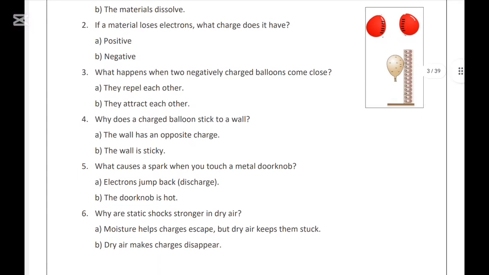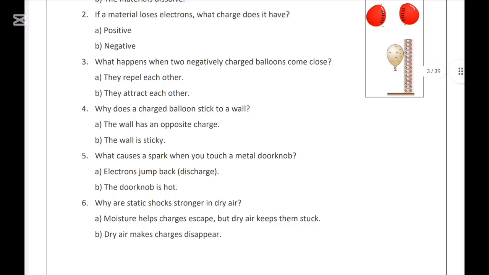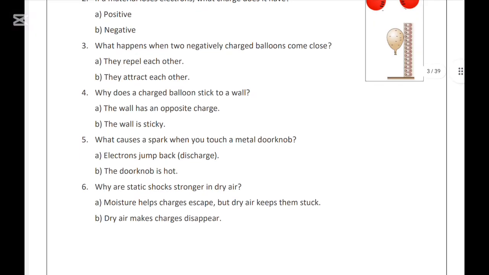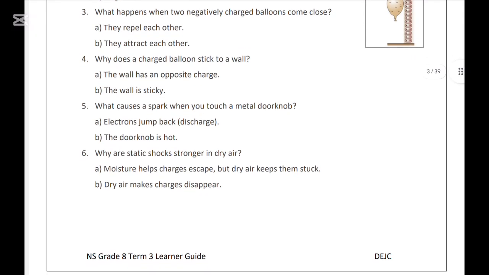So what happens when two negatively charged balloons come closer? Two negatively charged, they repel each other or they attract each other? The answer is two negatively charged balloons will repel each other. Why does a charged balloon stick to a wall? A. The wall has an opposite charge.